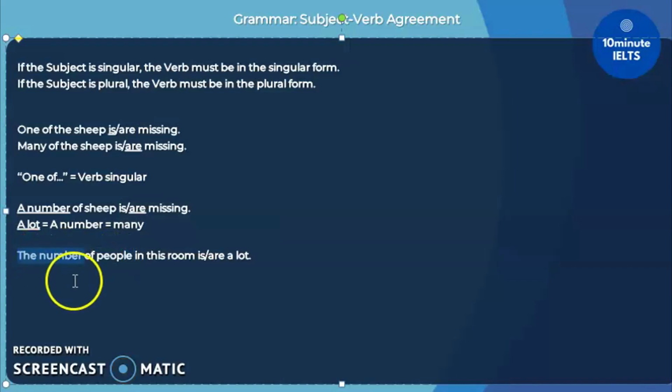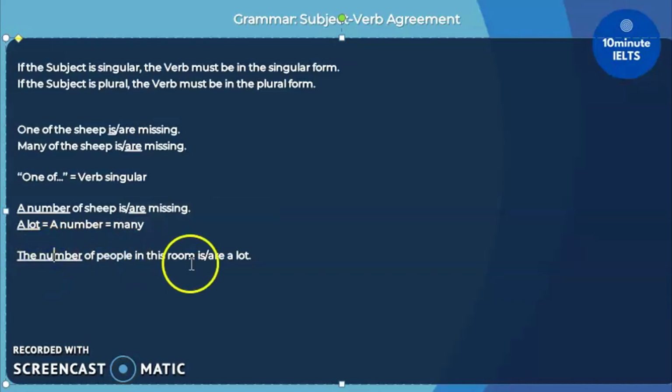What are we really talking about? The number or the people? Remember that the article the is a very special article that points specifically to the subject number, and so the real subject is the number, whatever number that is. Whether it's 5, 10, or 100, we're talking about the number, not the people.